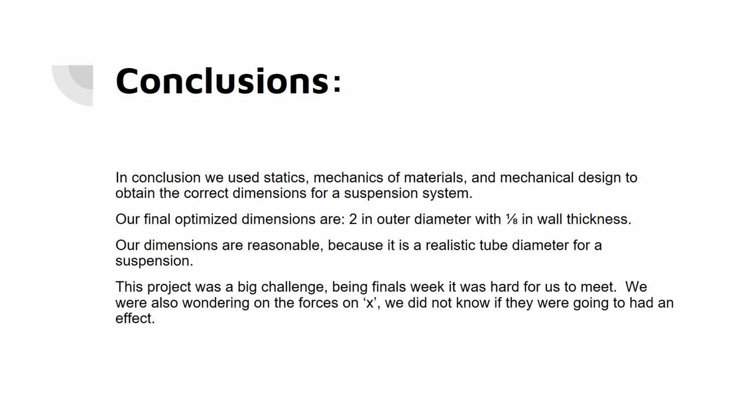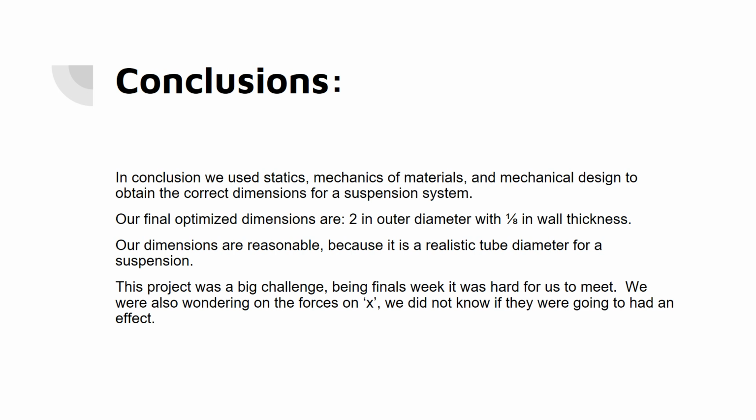So in conclusion, first we used statics, obtaining free body diagrams, reaction forces, all that, and then mechanics of materials, with shear and moment diagrams, as well as locating maximum stresses, and then we used mechanical design to obtain more optimized dimensions, which would meet our required factor of safety and also not be over designed to where it's too big for our intended purpose.